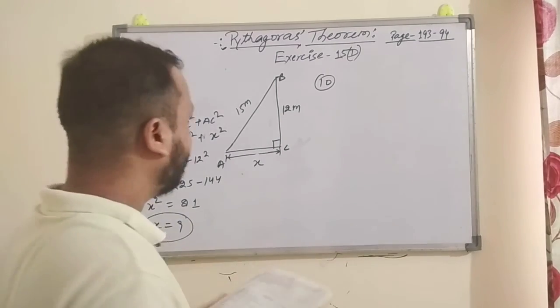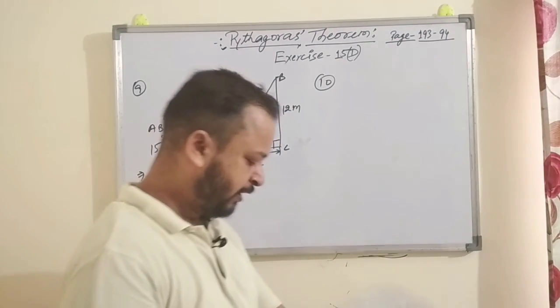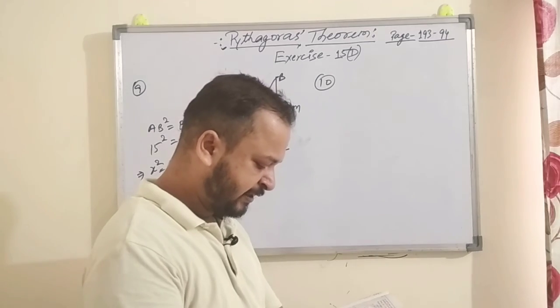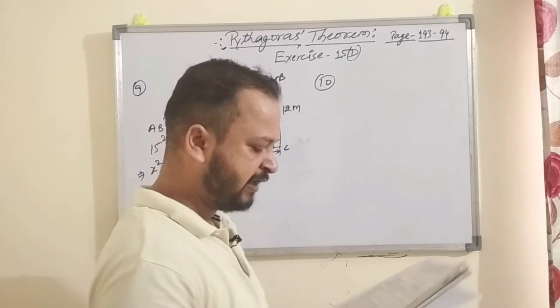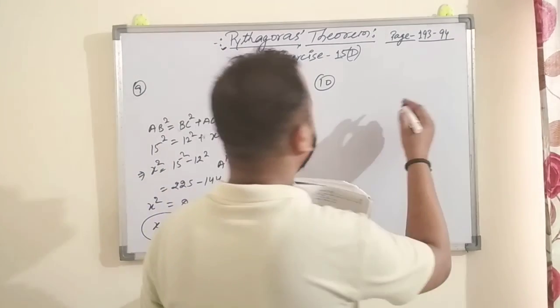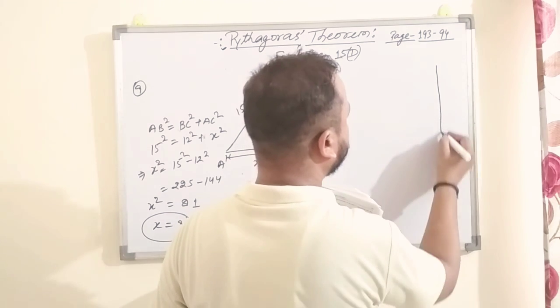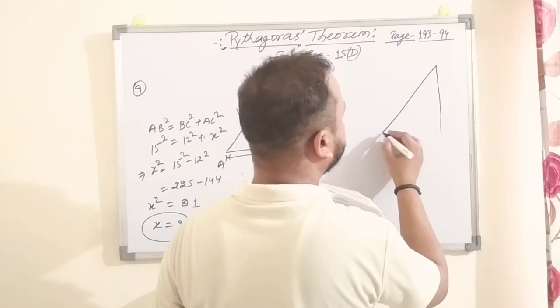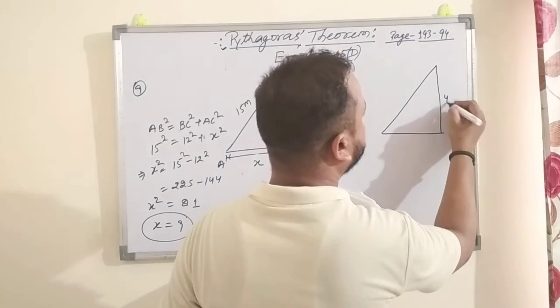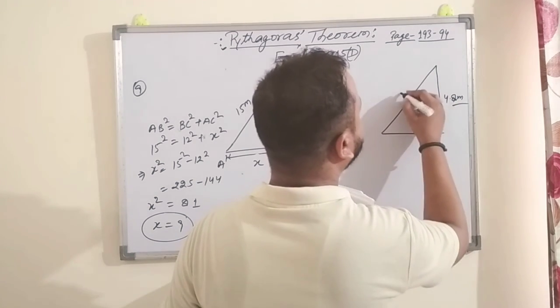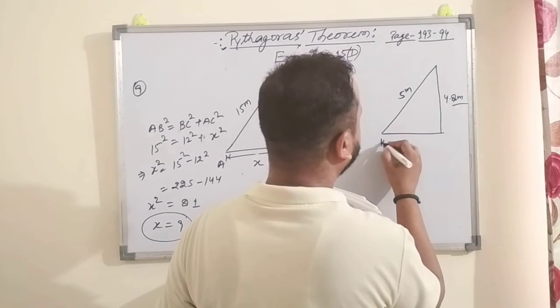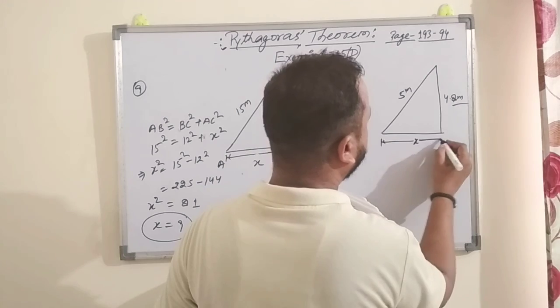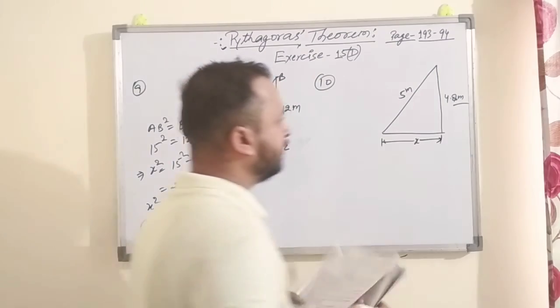Question number 10 is also the same. A 5 meter long ladder when set against the wall of a house reaches the height of 4.8 meter. Suppose you have taken the distance as x, right?